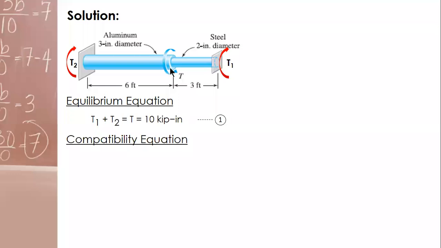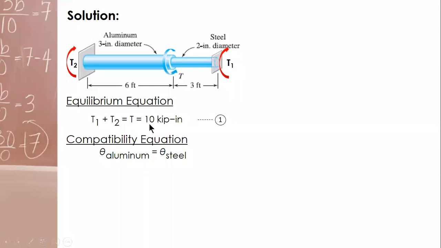Diha ato compatibility equation that the angle of twist of aluminum is equal to the angle of twist of steel at the junction. Kini siya. Theta of aluminum equals theta of steel. Kisa din sa support, wala tayo theta din.